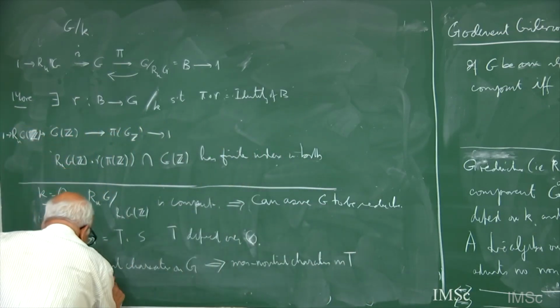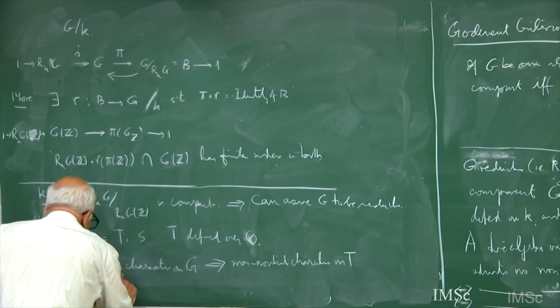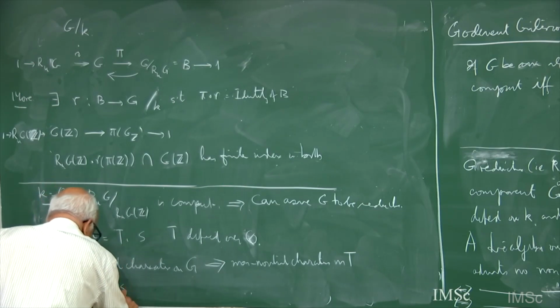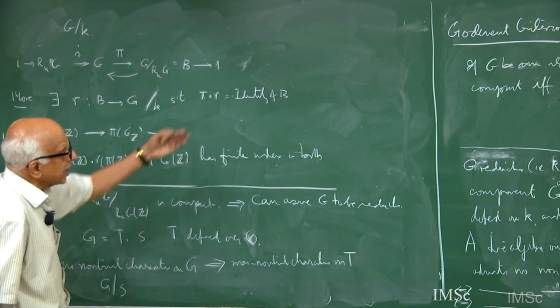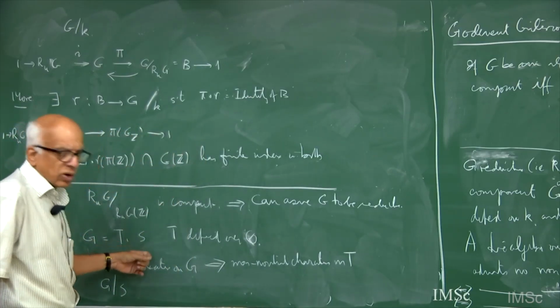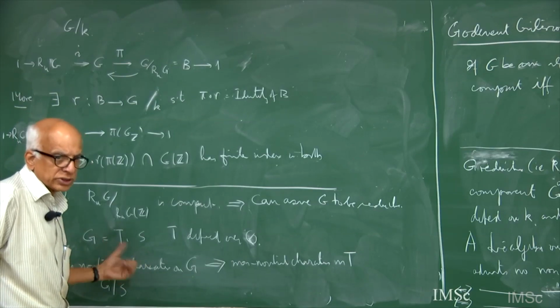You look at G, which is now T times S, and pass to the quotient by S. When I write G as T times S, I mean T and S as normal subgroups, and they commute with each other.